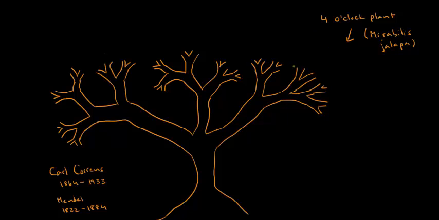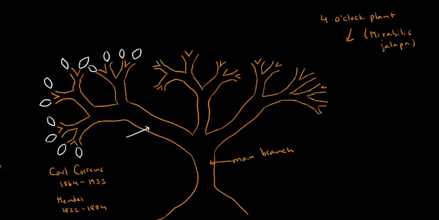And one very interesting thing about this plant is that you can have within the same plant leaves that are a lot of different colors. So let's say that this is the main branch of our plant. And we're going to say that the leaves that come off anywhere on this branch are going to be white.